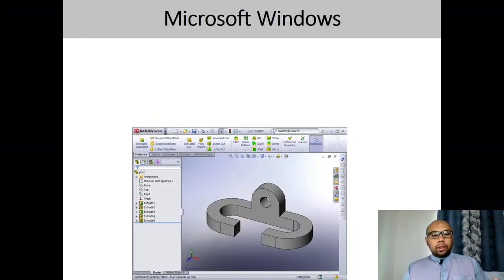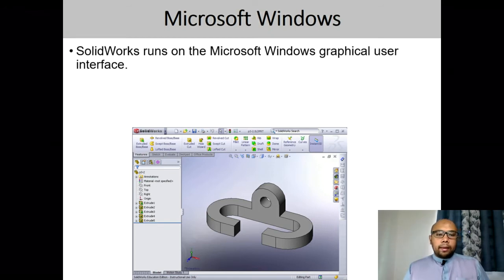Now we move into the more technical part. Here is an image of the SolidWorks interface. There are many buttons in the screenshot, and later on you can explore them on your own. SolidWorks runs on Microsoft Windows. It's easy.